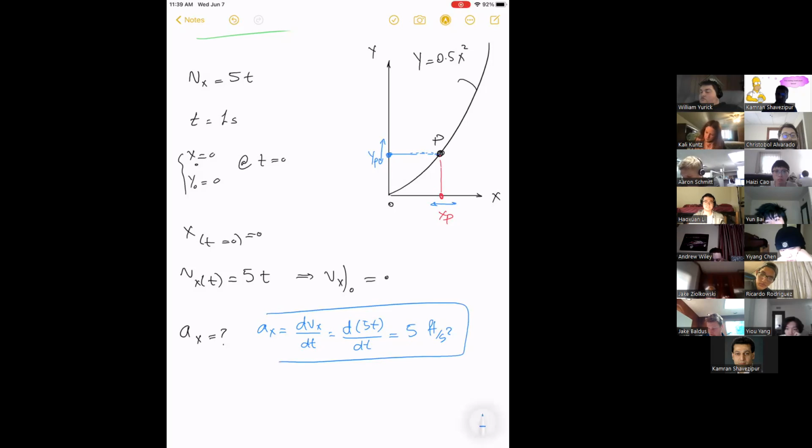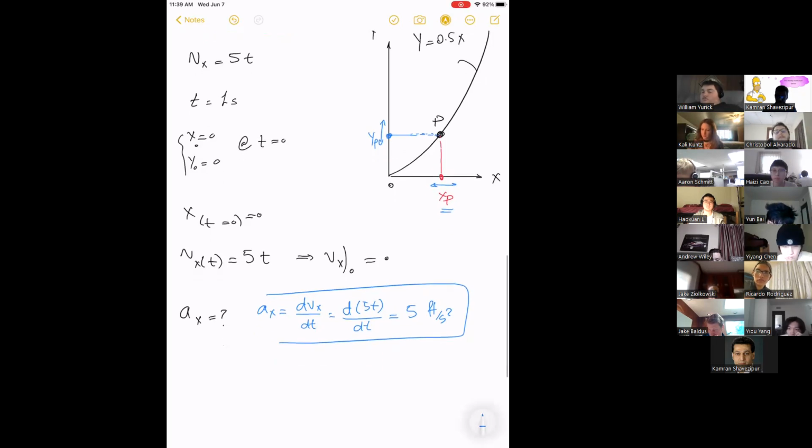How can I find the position of the particle in the x direction, or xp? Let me ask Ricardo. How am I going to find xp? William, you were going to answer?